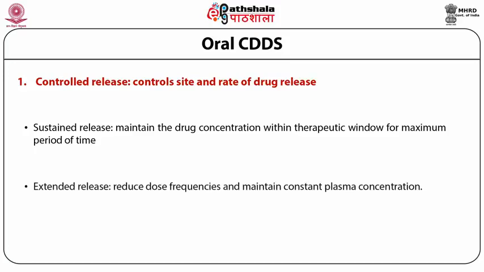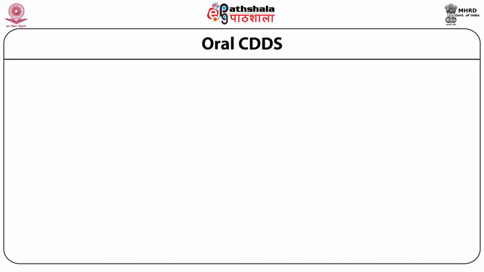The extended release system reduces the dose frequency and maintains a constant plasma concentration, while the prolonged release system increases the duration of action of a drug. Subsequent to the controlled release, we have the delayed release oral systems.